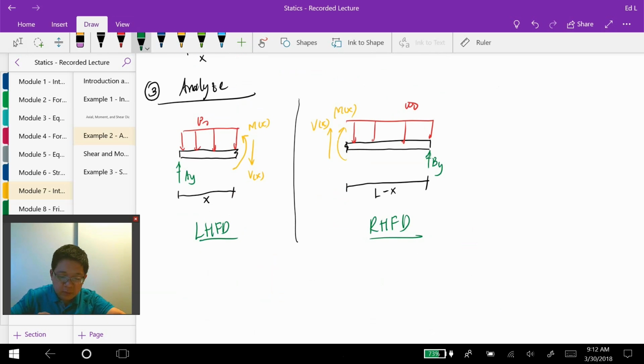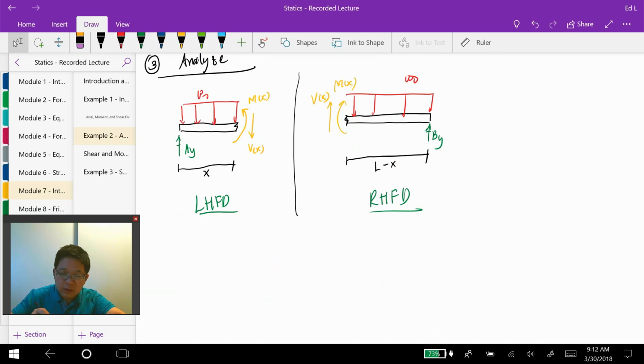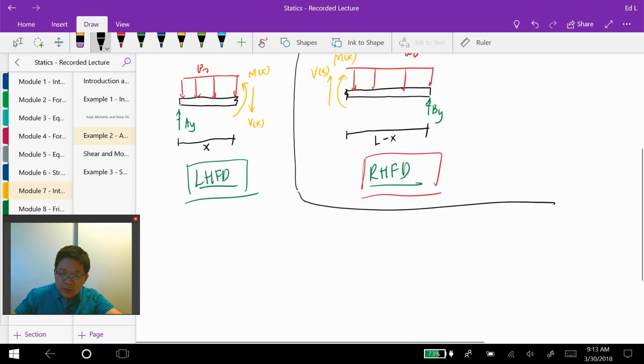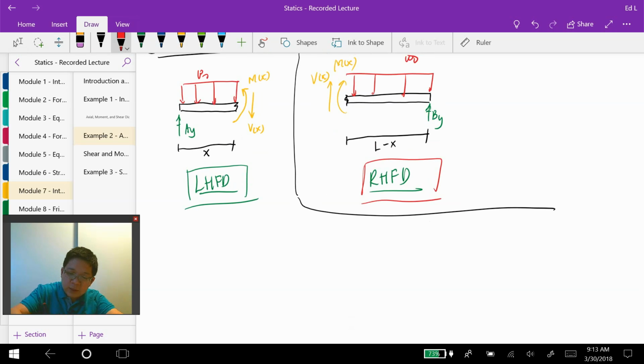Here I will just show you the solutions using the left-hand free body diagrams. I strongly encourage you to verify the result that I obtained using the right-hand free body diagrams. Alright, let's use this left-hand free body diagram and do the calculation.